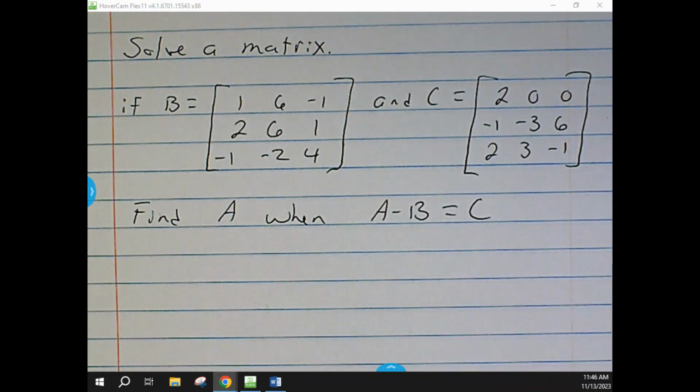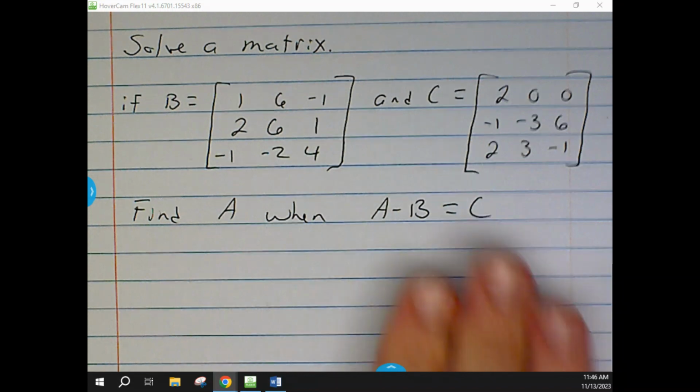Okay, so they may do something like this and say, okay, we've got matrix B and C. They may tell you to find A when A minus B equals C. For that one, you have to think about it basically being like just a regular solving equation.